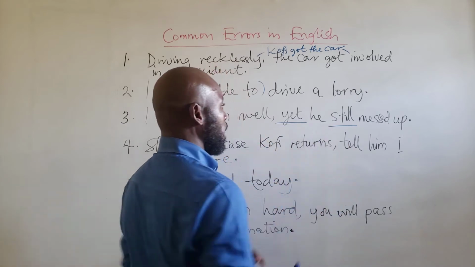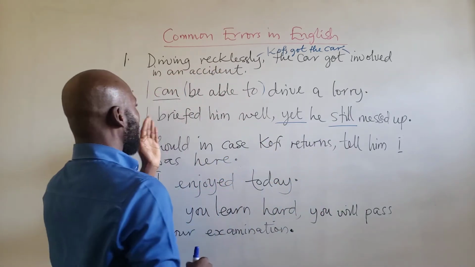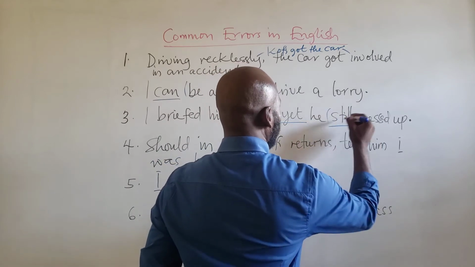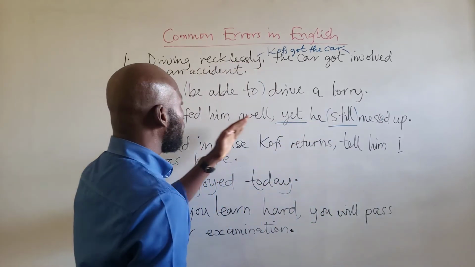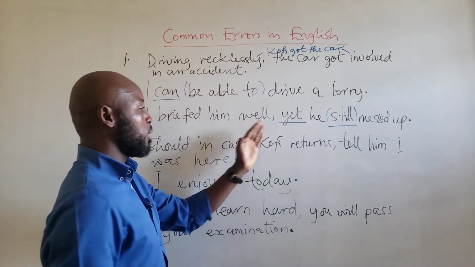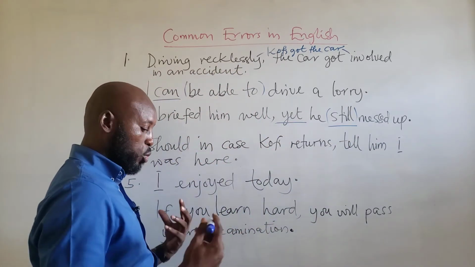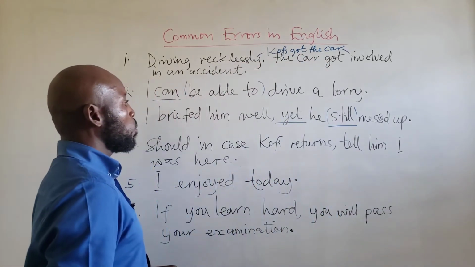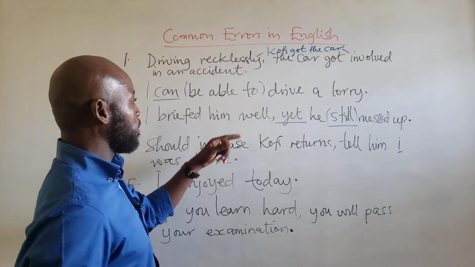You still don't use them at the same time. I briefed him well, yet he messed up. I briefed him well, he still messed up. Correct. So this is what we call tautology because you are using the same meaning at the same time.